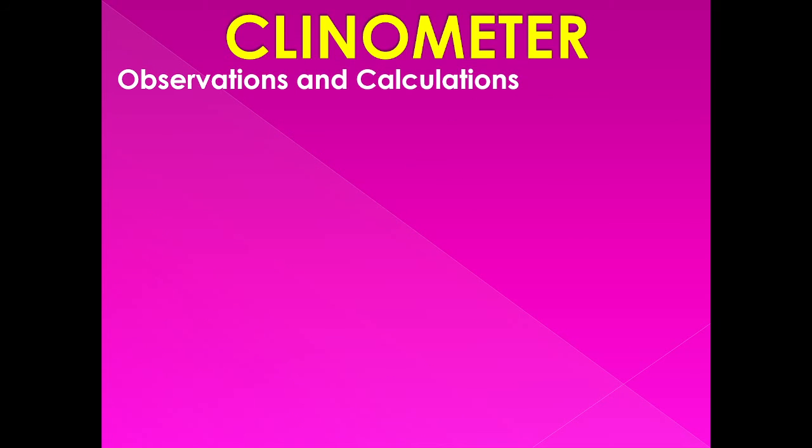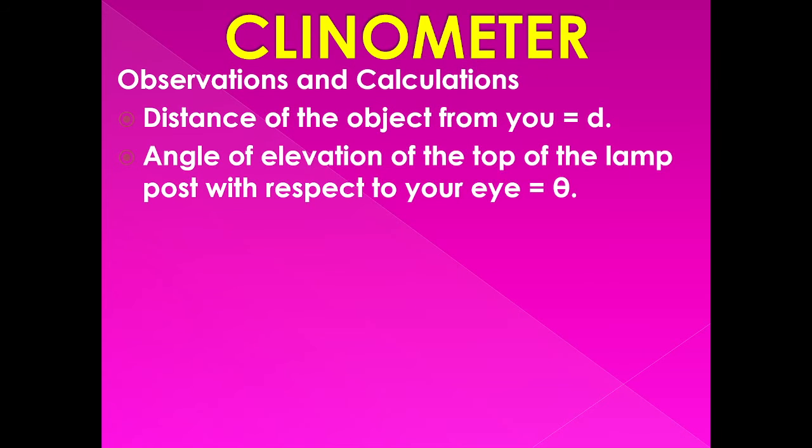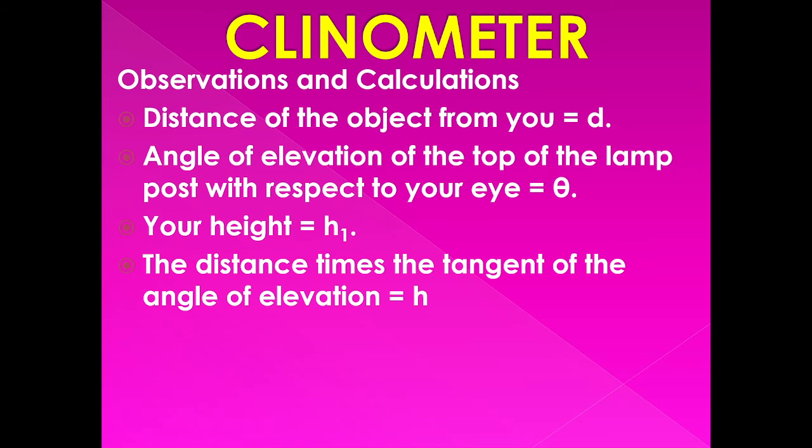Next, observations and results. You need to have D. You need to have your theta from the clinometer. You need to have your height from the line of sight, that H1. The distance times the tangent of the angle of elevation, that's H.